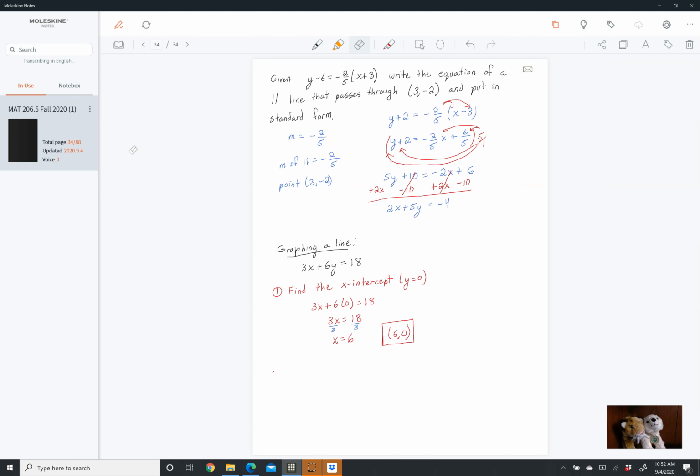Second thing that we're going to do is we're going to find the y-intercept. This is going to give us the second point. So we get 2 points from this, not 1 point. So the y-intercept is when x equals 0. It's very similar. You're plugging in 0 for x.